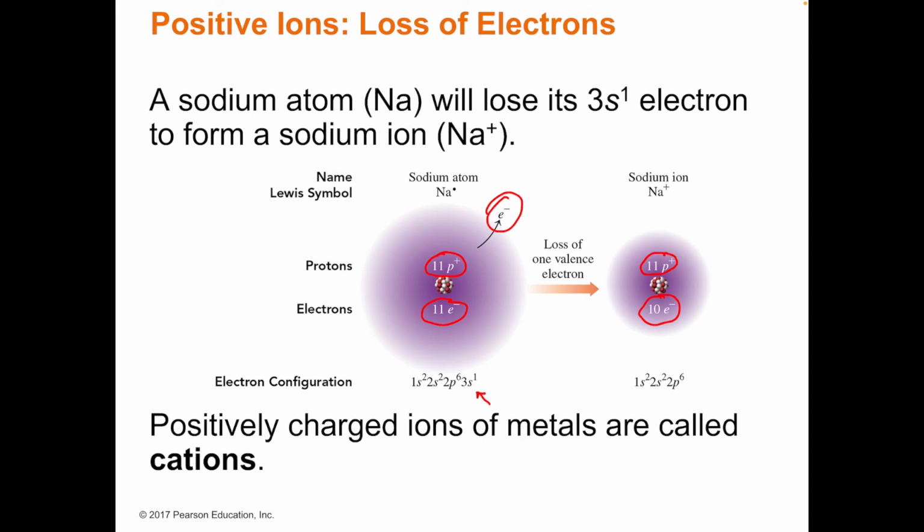It's going to lose that 3s1 electron. And when it loses it, it is left with our second energy level as our outermost energy level. In this outermost energy level, we have 2 plus 6 electrons. So when we lose that 3s1 electron, we now have 8 in our outermost energy level.